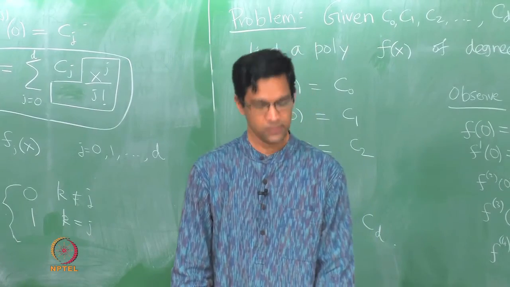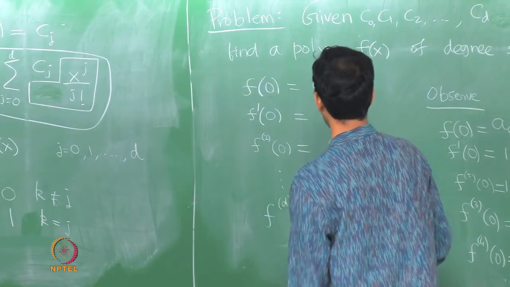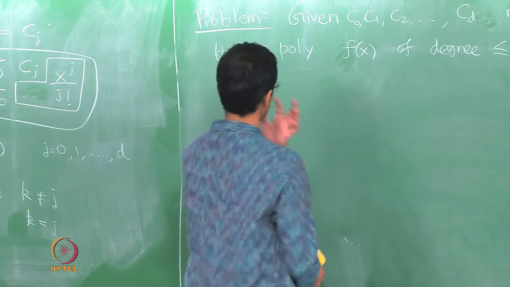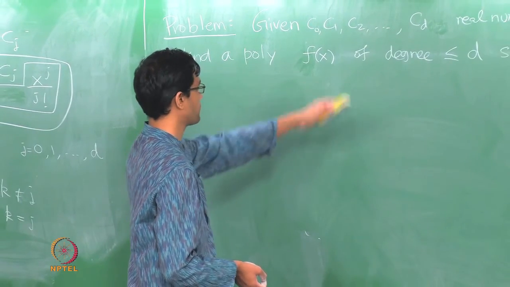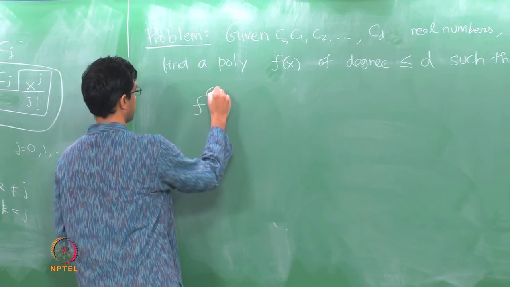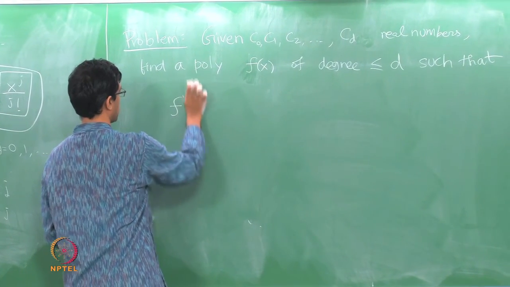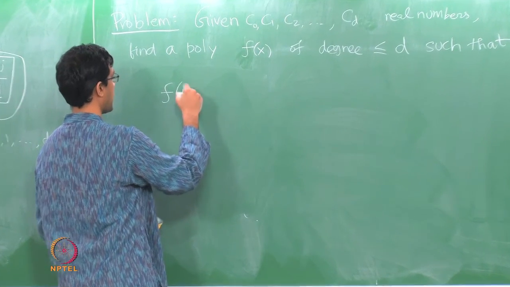There is just one slight variant of this that I want to mention. Here is a variation of this problem. Suppose you are given d real numbers, and you want to find a polynomial f of x of degree at most d with the following property. There is also a real number a which is given.